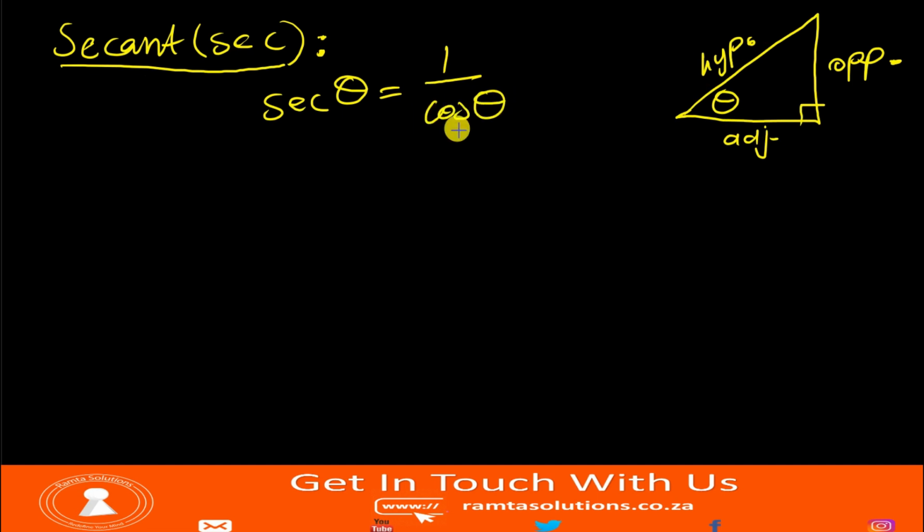cos theta. In the previous video, you learned that cosine is adjacent over hypotenuse.